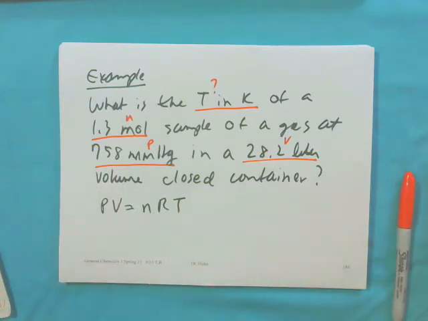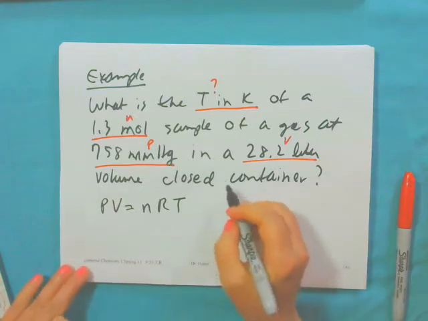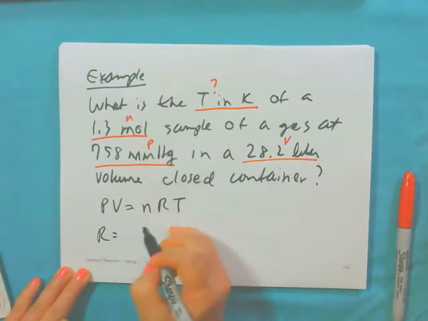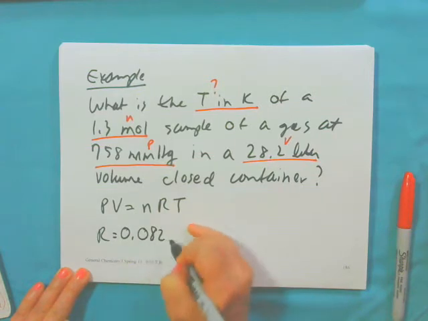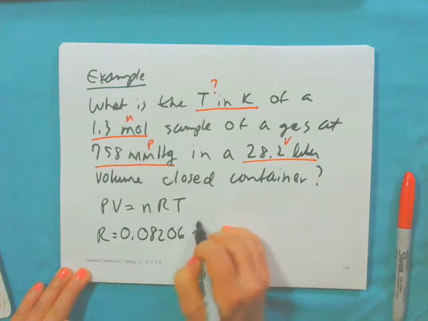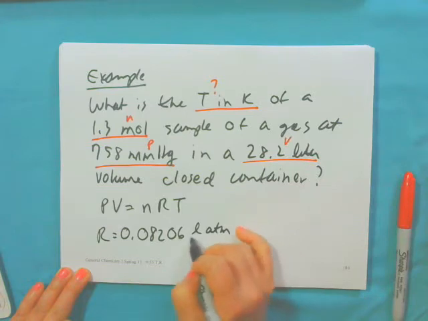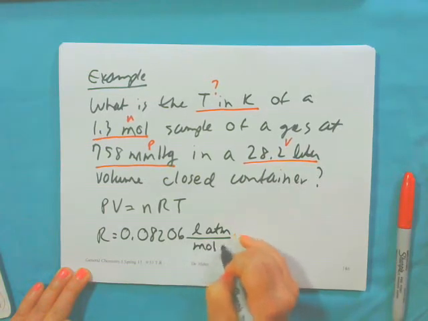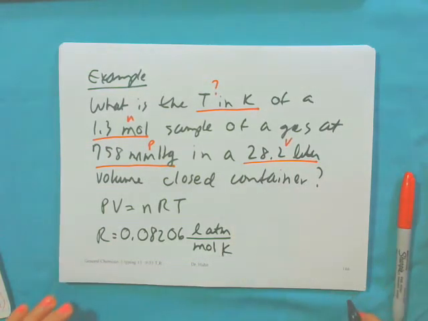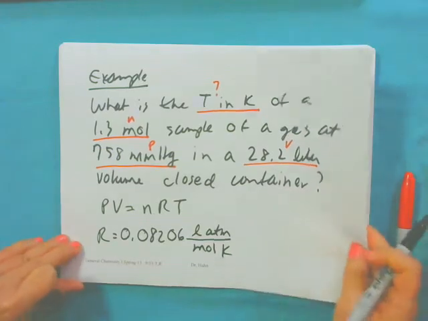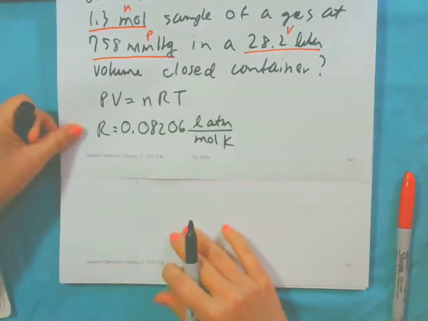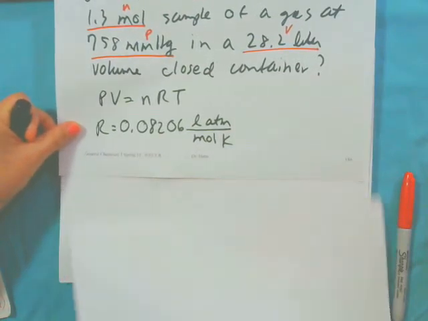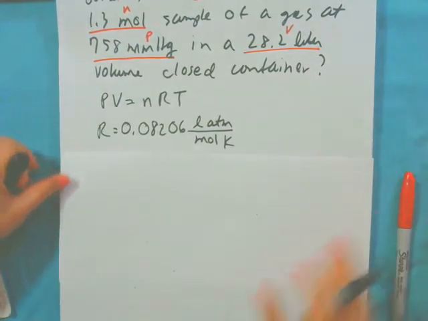Let's go ahead and write out the value of R. R is equal to 0.08206 liter atmospheres per mole Kelvin. Okay, so we've got the equation, and we have one of the numbers already squared away.